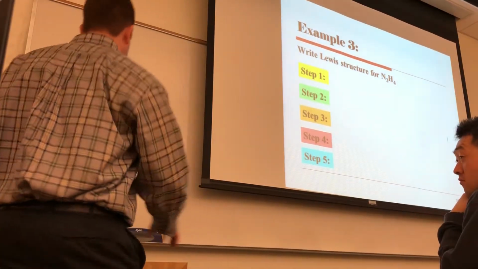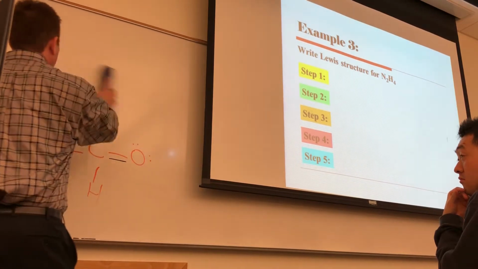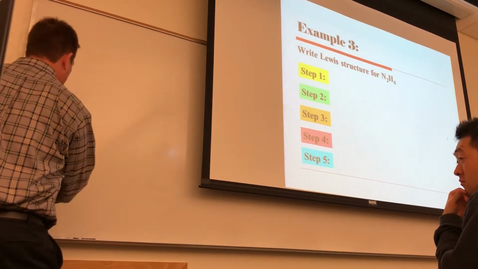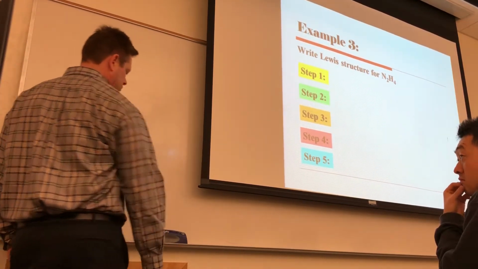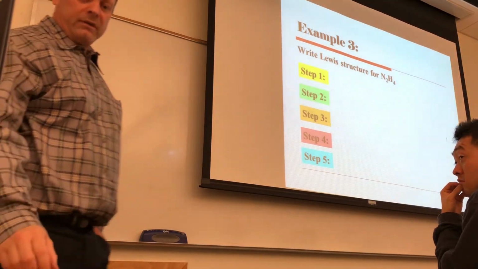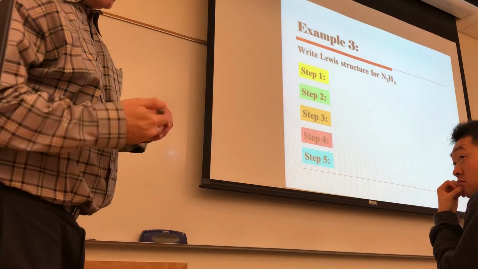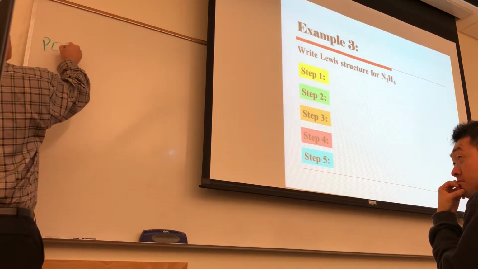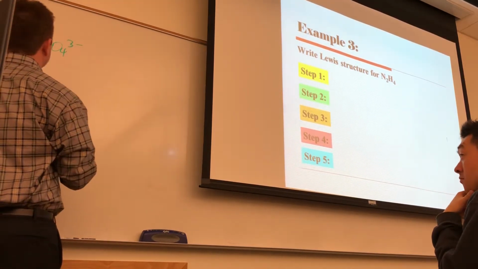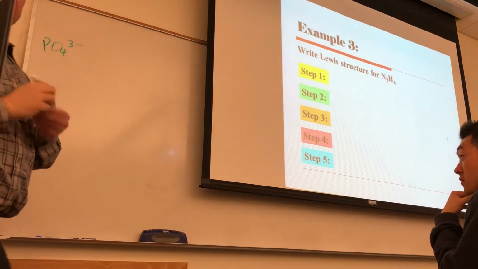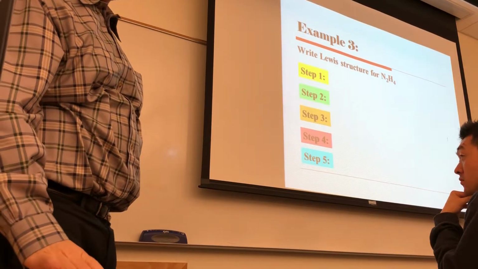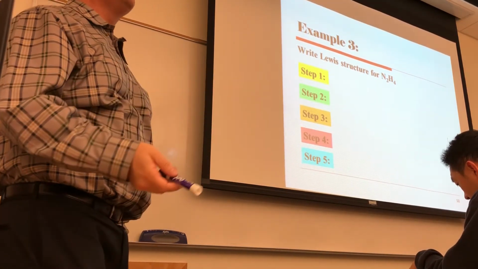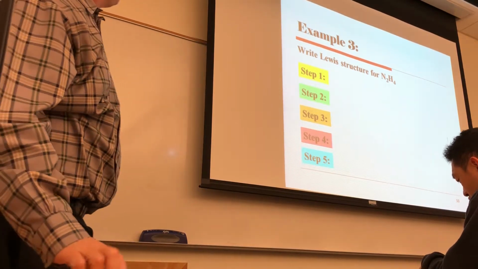Let me do one. Let's try PO4 3 minus. Let's do this as something different that you don't have in your notes, to make sure that if you're given one, you can solve it.